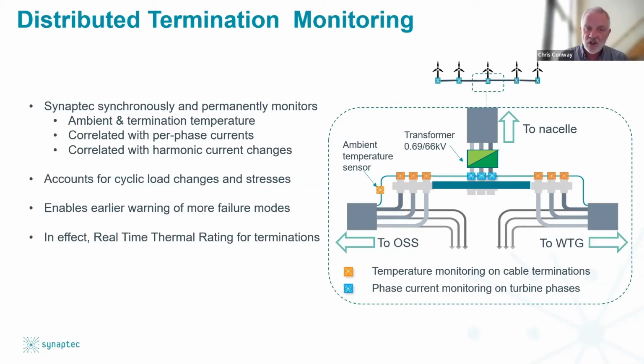So this concept is synchronously monitoring each termination, in terms of the outer temperature of the termination and the ambient temperature, and we correlate that with the per-phase currents and the harmonic content of that, to look for these outliers.